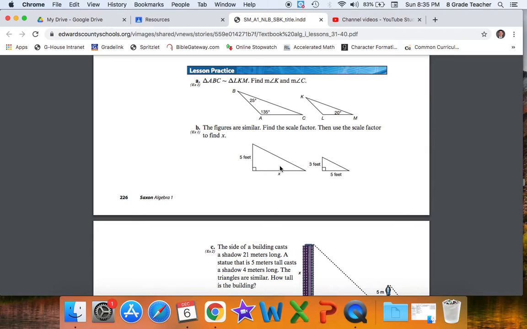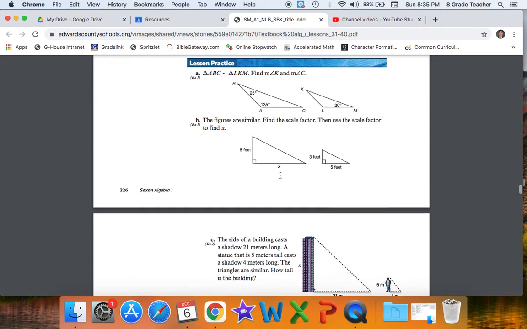Our scale factor is 5 to 3. This would be 25 divided by 3, which you can write as 25 thirds, or you can calculate what that actually is as a decimal.